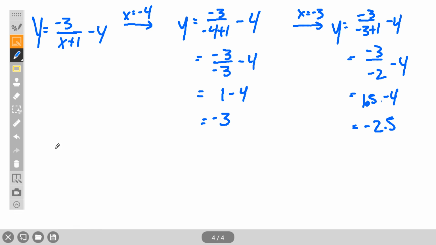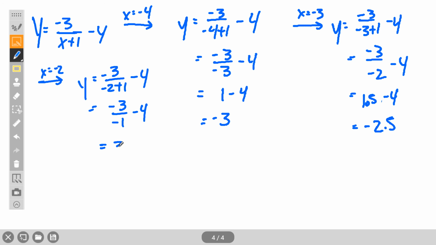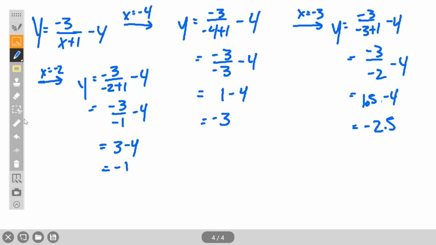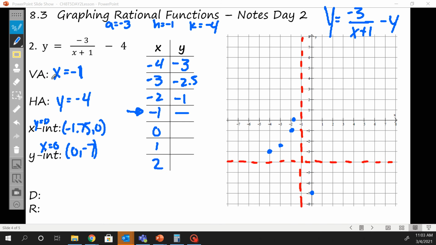And then negative 2. So y equals negative 3 over negative 2 plus 1 minus 4. Negative 3 over negative 1 minus 4, which is 3 minus 4, which is negative 1. So negative 2, negative 1 right here. All right, 0. Wait, I already have that value actually. 0 for x, yeah, it gives us negative 7.